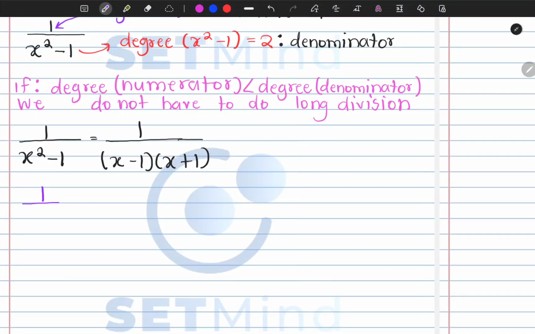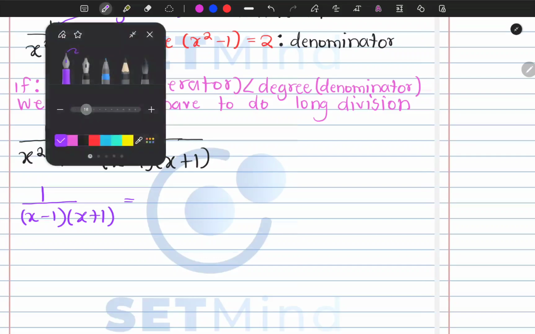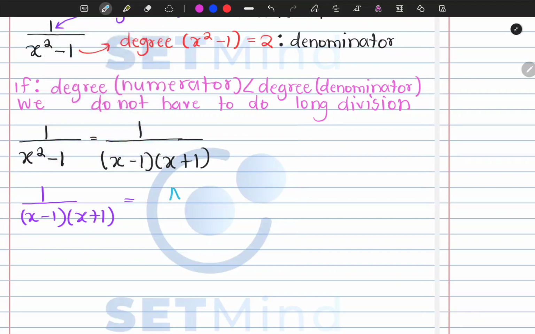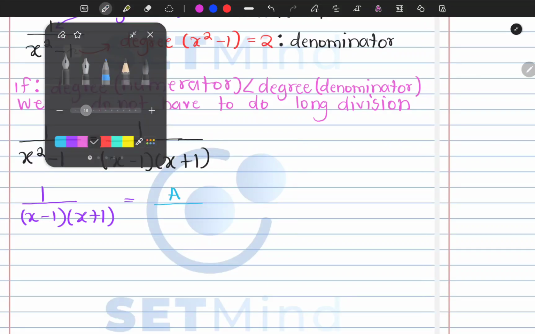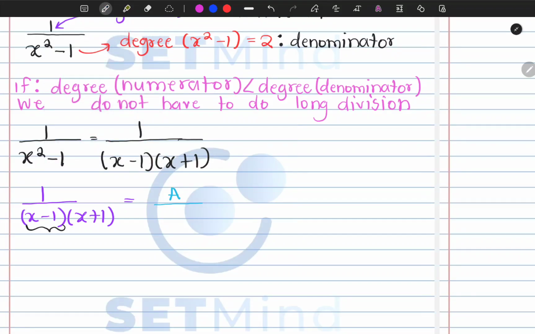So what we're going to have is 1 over x minus 1 multiplied by x plus 1, and this will be equal to a divided by x minus 1, plus b divided by x plus 1. Remember that we have degree 1 on each denominator, so at the top it must be 1 less, and a degree of 0 means a constant.